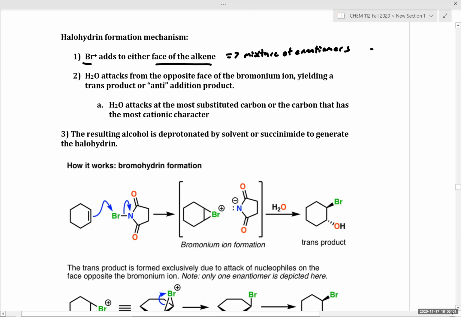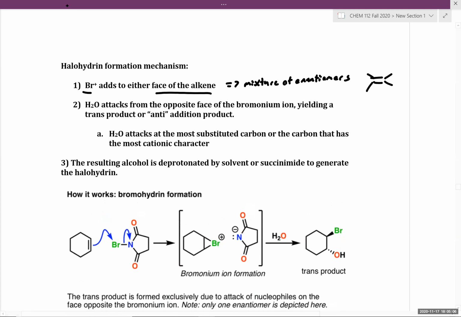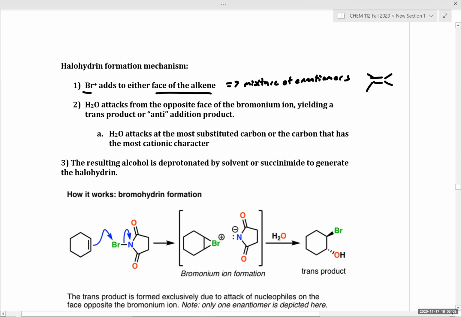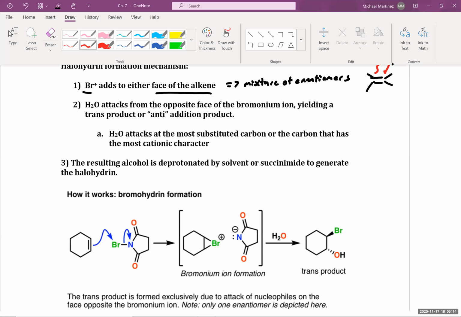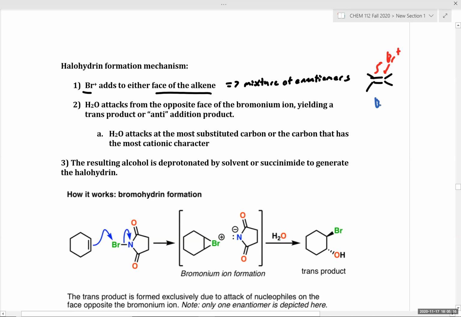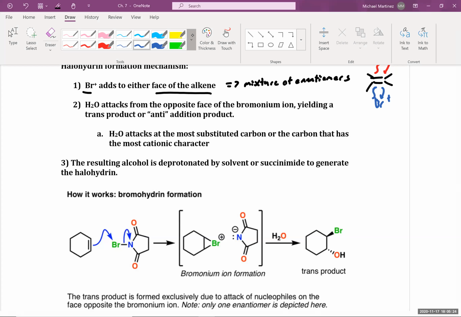For example, if we have our alkene, we can observe addition from either the top or bottom face. In each case, you end up with a set of molecules that are non-superimposable mirror images, or enantiomers. So Br+ can add to either face.